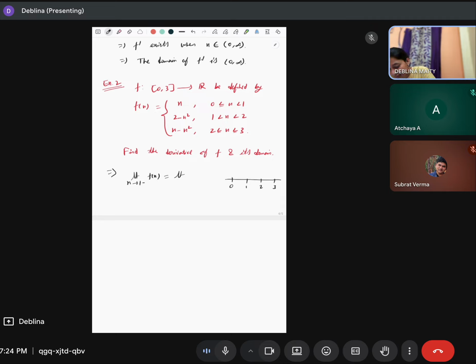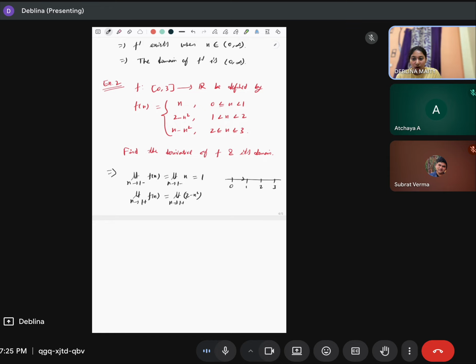So what is the limit as x goes to 1 minus of f(x)? 1 minus means we are approaching 1 from the left, so it is x. So the limit as x goes to 1 minus of f(x) is 1. And the limit as x goes to 1 plus of f(x) is what? It is 2 minus x square, right?